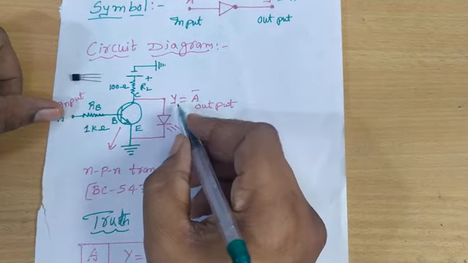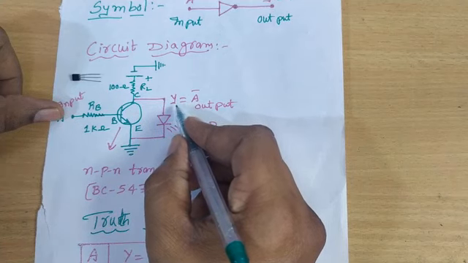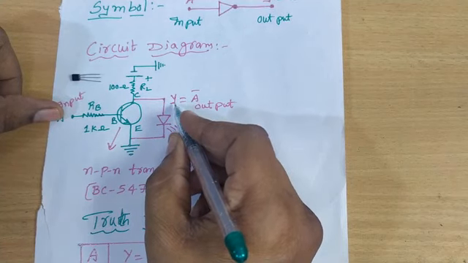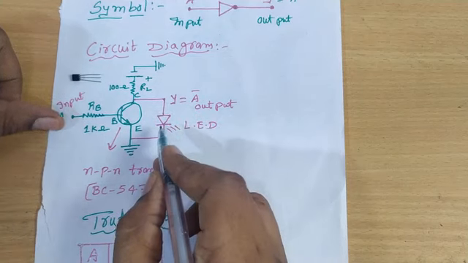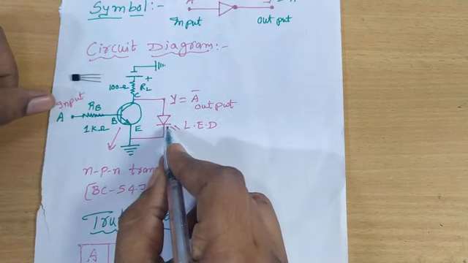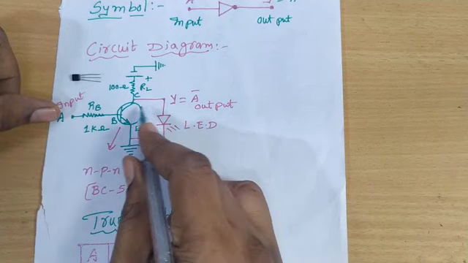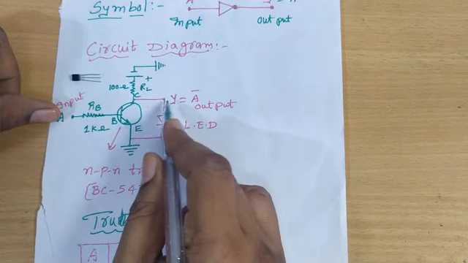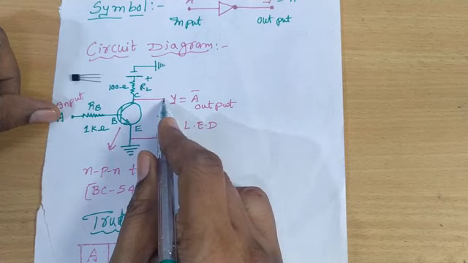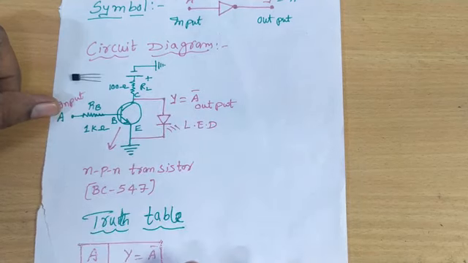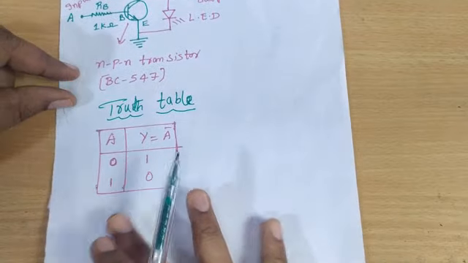To check whether current is coming at the output, we connect an LED, a light emitting diode. If the LED glows, current is flowing at the output. If the LED does not glow, current is not coming to the output. Now observe the truth table carefully.